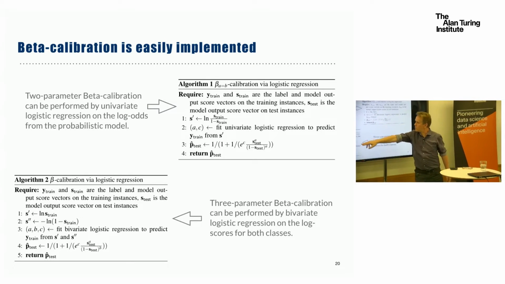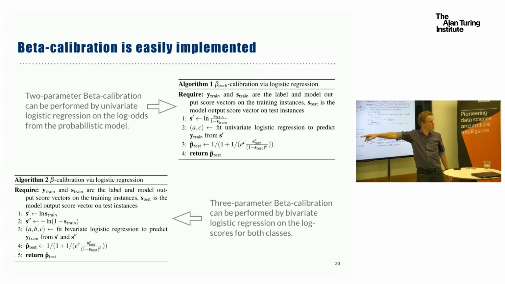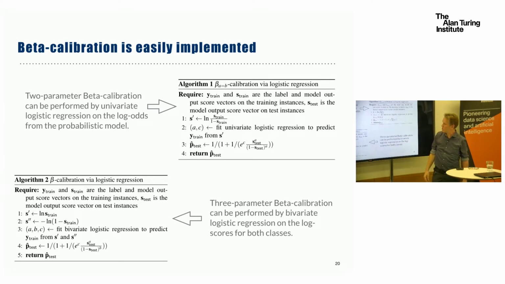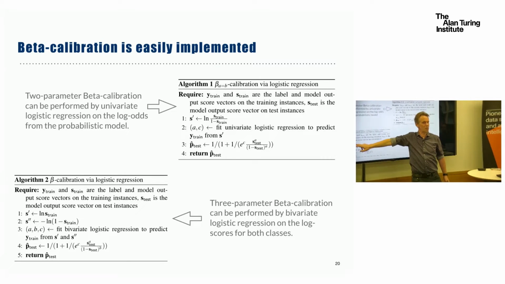If you want the full version, A not necessarily equal to B, so the full three-parameter version, then instead of getting one feature out of the naive Bayes scores, you get two features. One is the logarithm of the naive Bayes score, and the other is the logarithm of 1 minus the naive Bayes score.